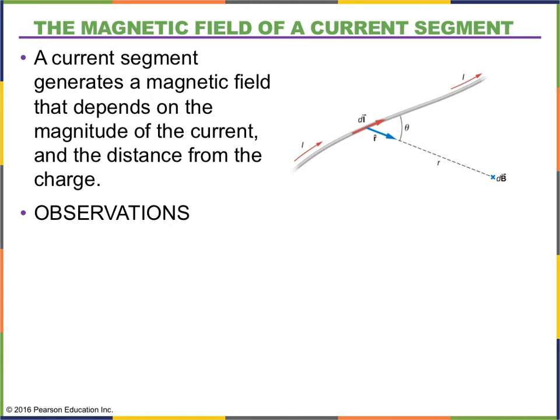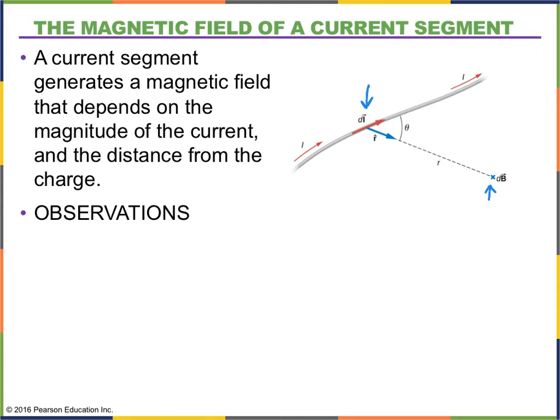Okay, so we're going to start off with this picture right here, which is a picture from your book. It's a piece of wire, and we're going to think about the magnetic field caused by this little piece of current right here, at this location.